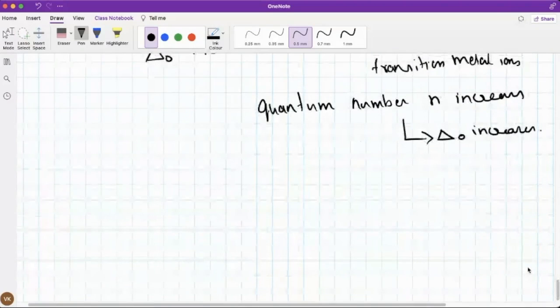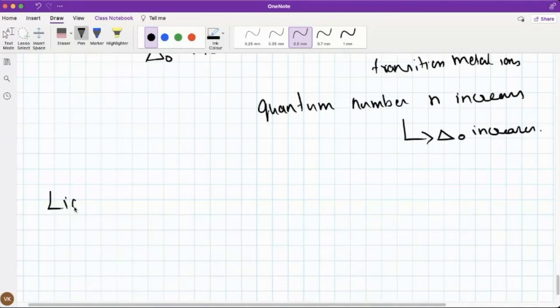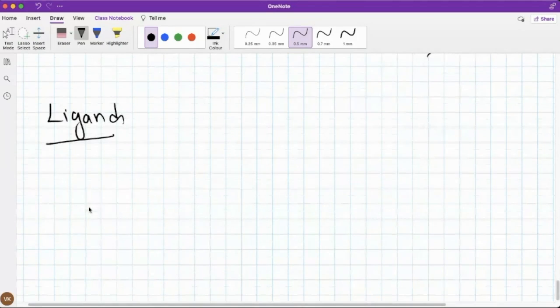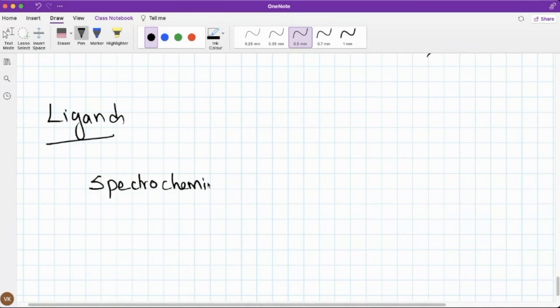Now with respect to the ligand, this plays a major role, because with the same cation, depending on the ligand, you can have high spin and low spin states. Based on chemical experimental evidence, they form a series called the spectrochemical series.